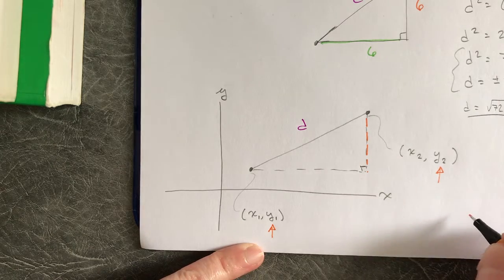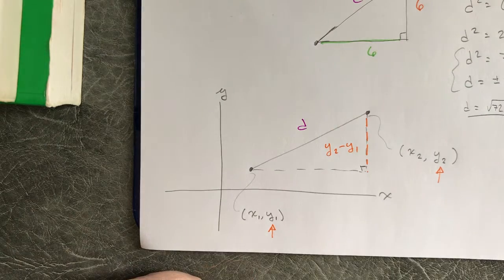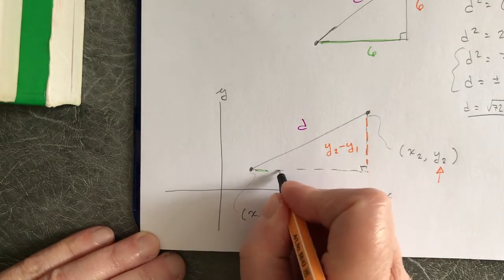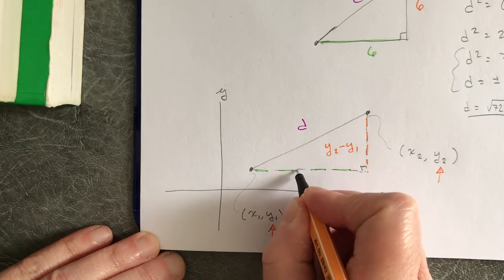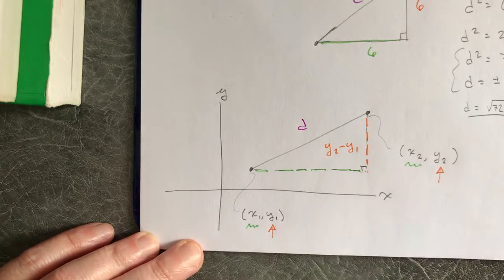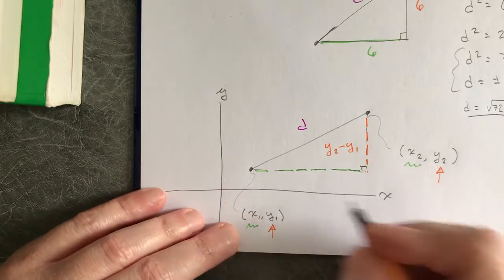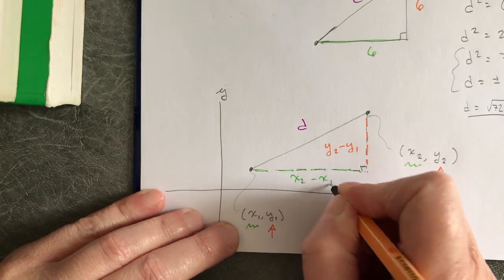So this y distance is y2 minus y1. And this x distance is the difference in my x coordinates. Sorry, I know that's annoying to skip the pencil, isn't it? Here are my x coordinates. And that length was my x numbers subtracted. So x2 subtract x1.